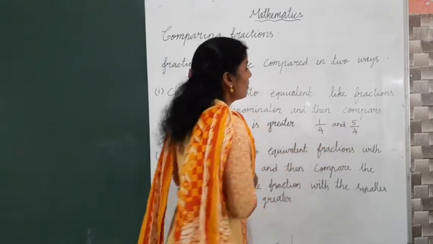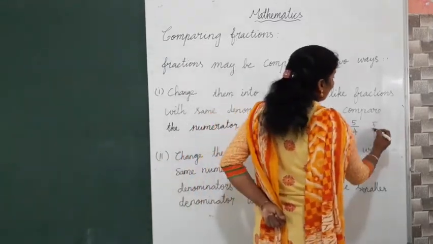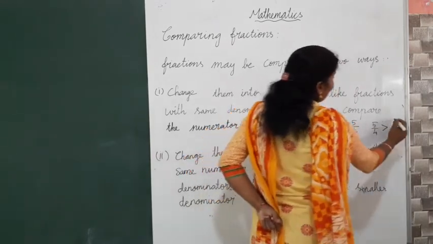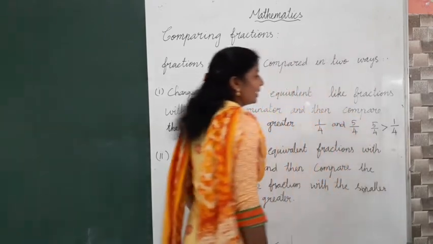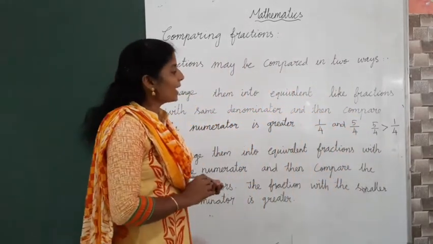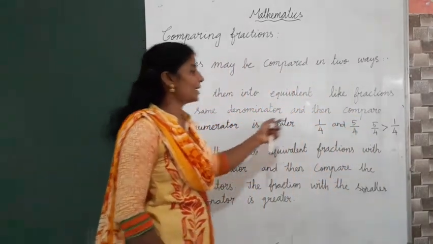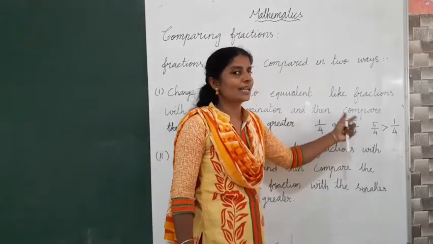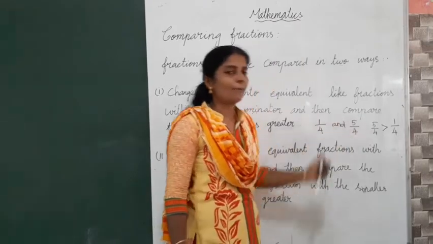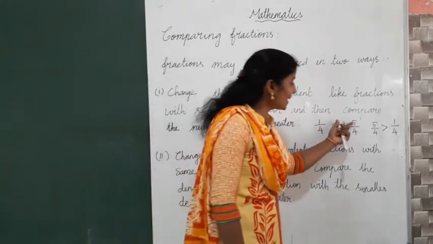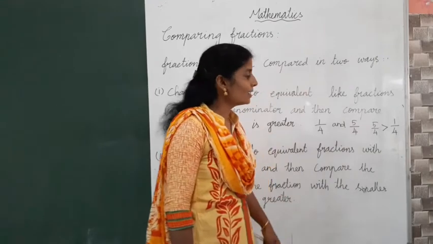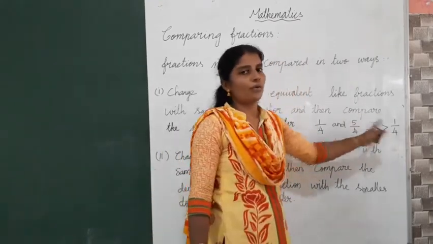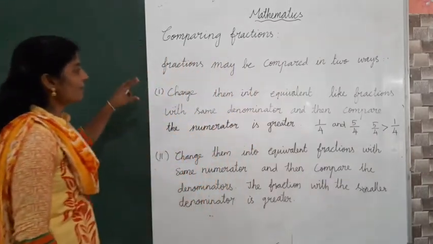So 5 by 4 is greater than 1 by 4. Clear? We have the same denominator, we can compare the numerators. Compare 1 and 5, which is greater? 5 is greater. So 5 by 4 is greater than 1 by 4. This is the first one.